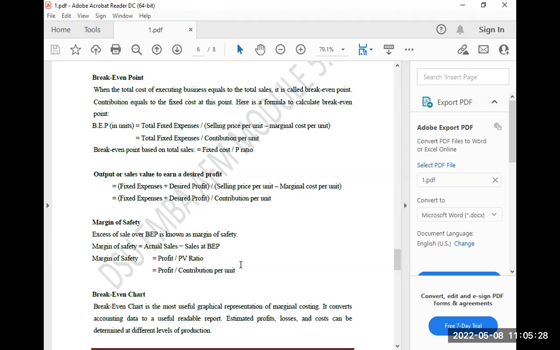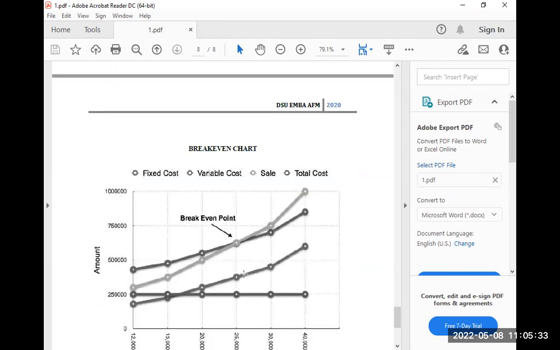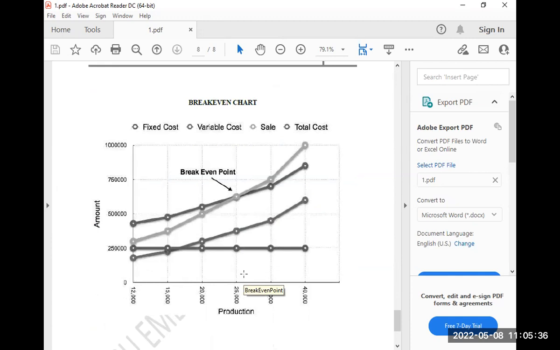Look at this chart, a graphical representation of break-even point. Break-even point is a point at which the total cost meets the total revenue. Look at the chart, we marked it there.